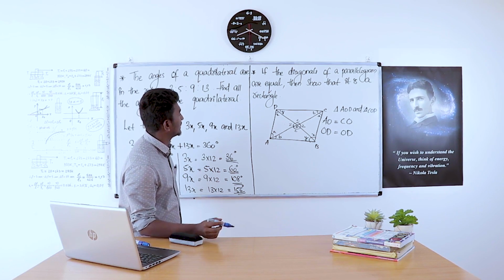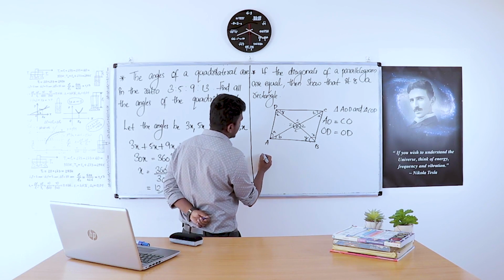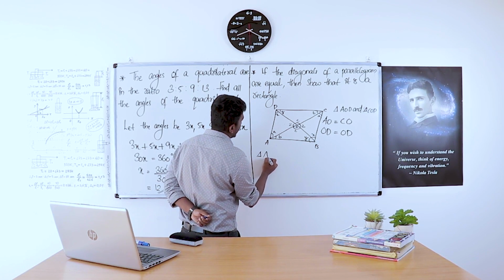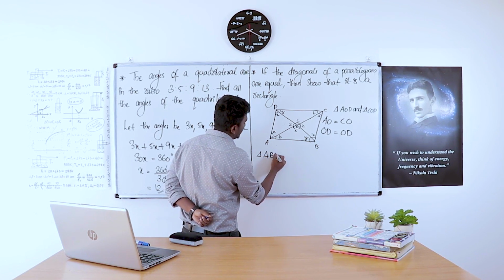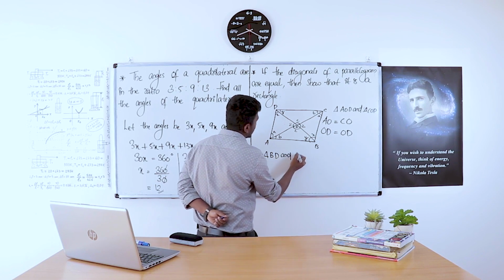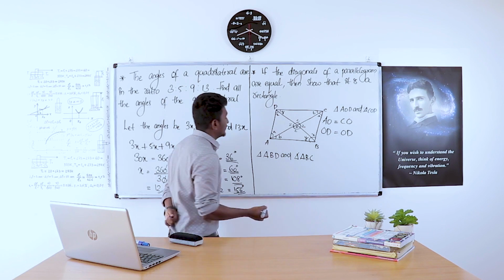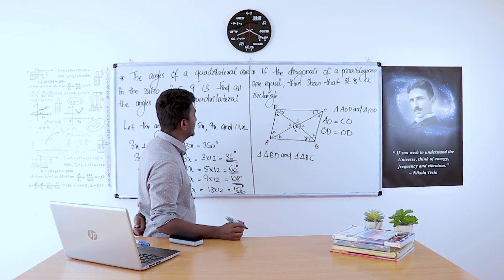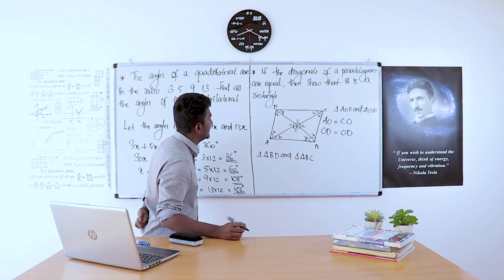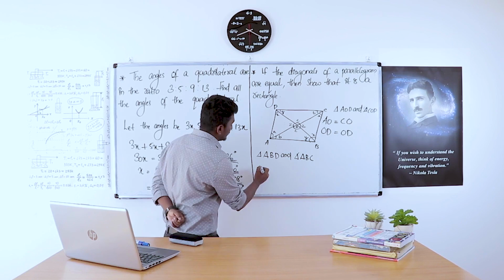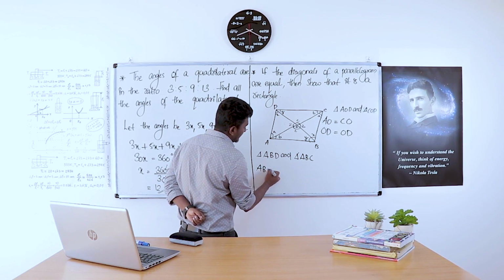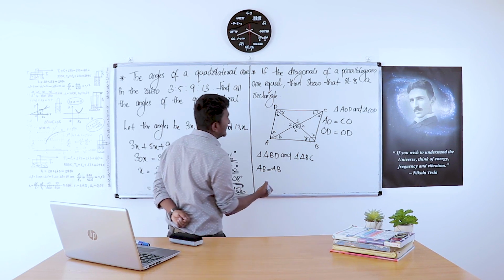Now take another two triangles, triangle ABD and triangle ABC. What is the peculiarity of this? In triangle ABD and triangle ABC, we know that AB is equal to AB, common side.